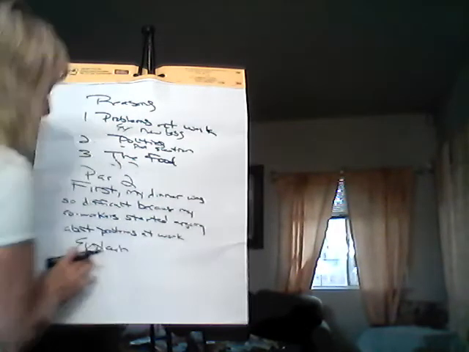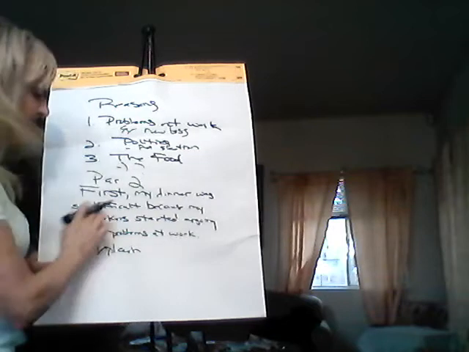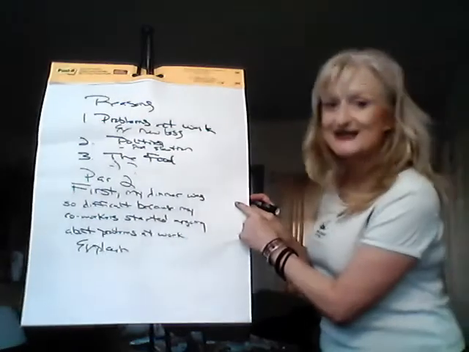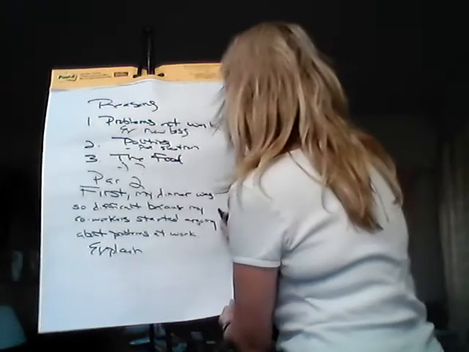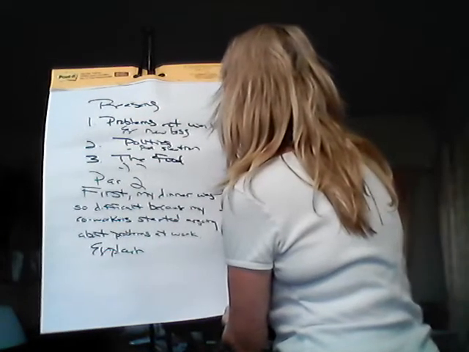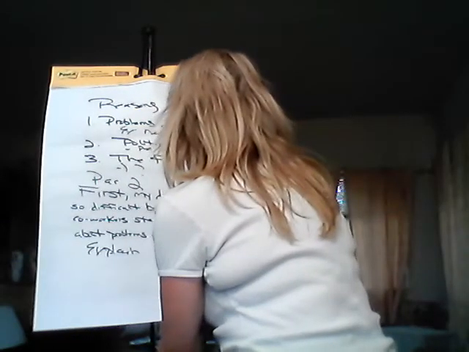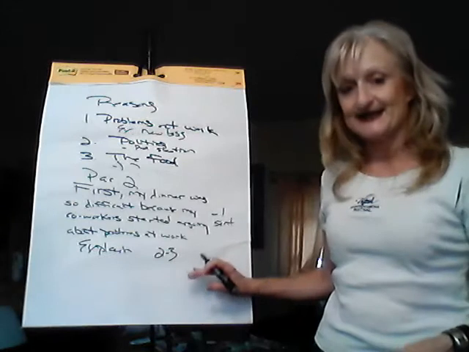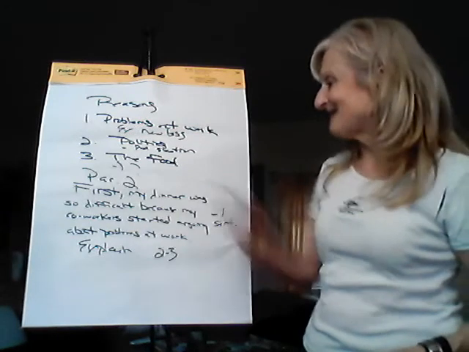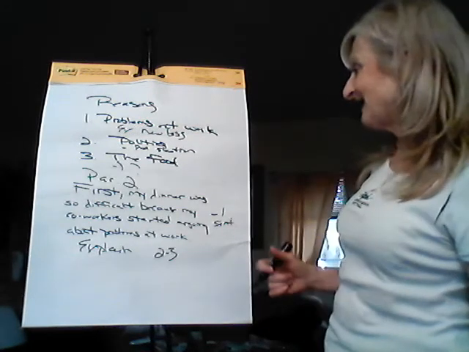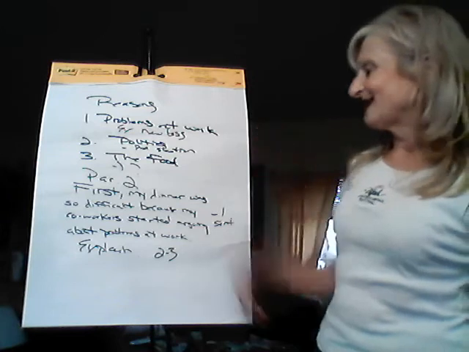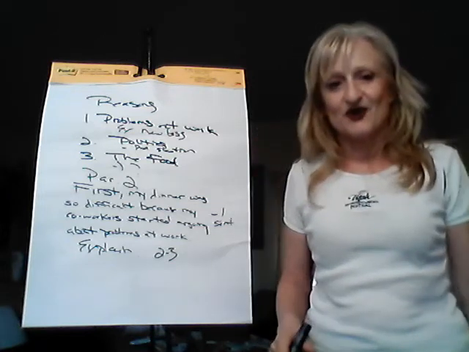So you are going to explain this, right? The topic sentence is always one sentence, kind of like your thesis. Your explanation is about 2 to 3 sentences. So you've got to explain what the situation is, why everybody's arguing about problems at work.